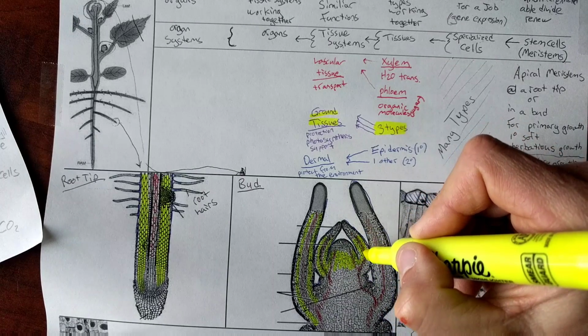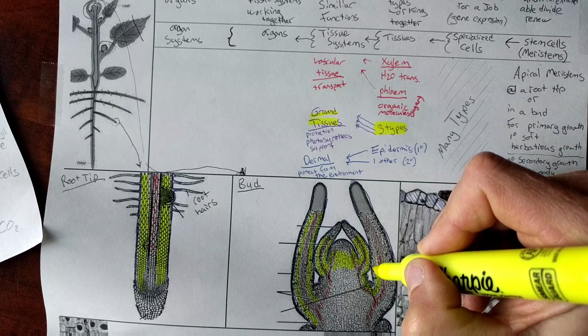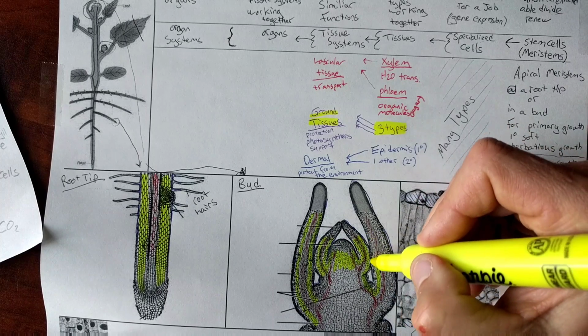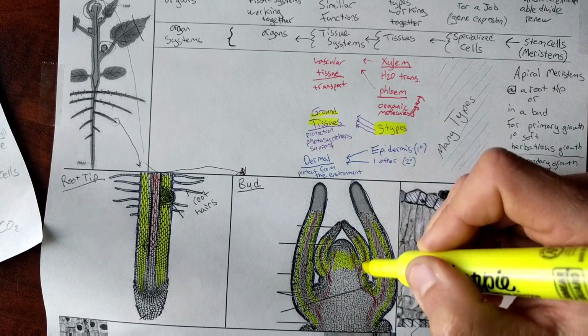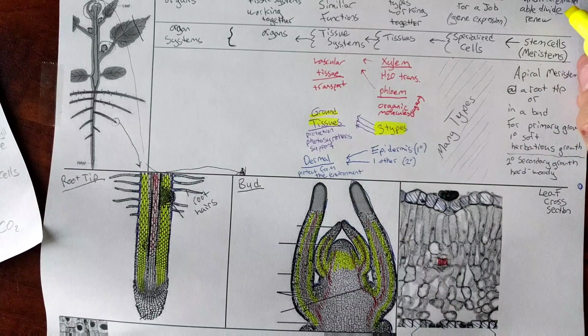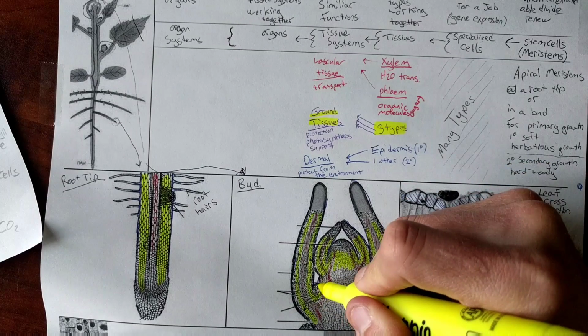I'm not going to trace this all the way up into the meristem, the youngest portion of this bud, because those are probably all still very undifferentiated stem cells, so not technically part of the ground.